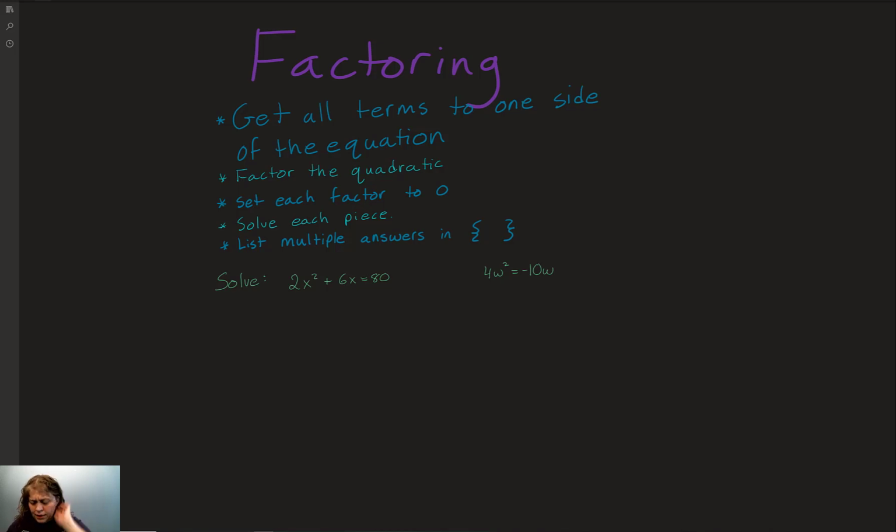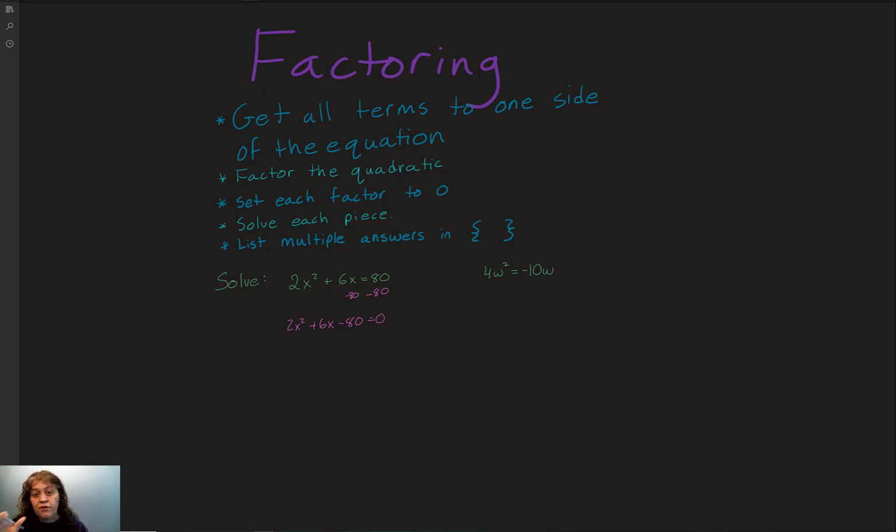So let's get going. We've got an example: 2x squared plus 6x equals 80. I want all of the things on the same side of the equation, so I'm going to subtract 80 and move it to the same side. It's kind of counterintuitive to do this because when we're solving equations, we're usually trying to get the variable by itself, and shoving everything together feels backwards, but it works.